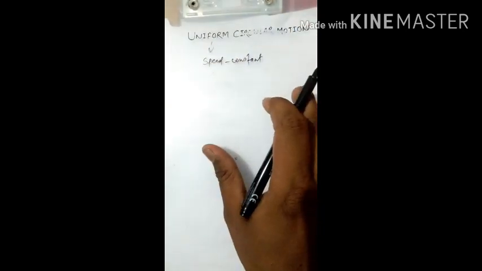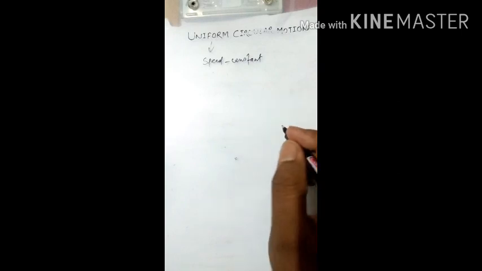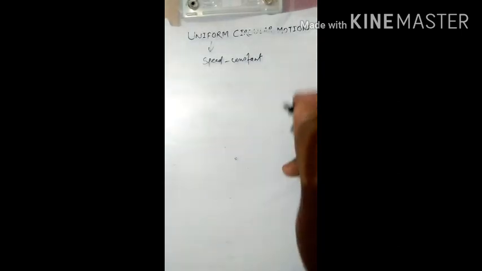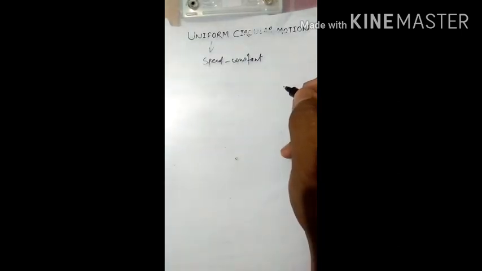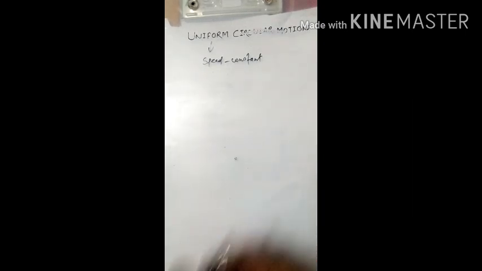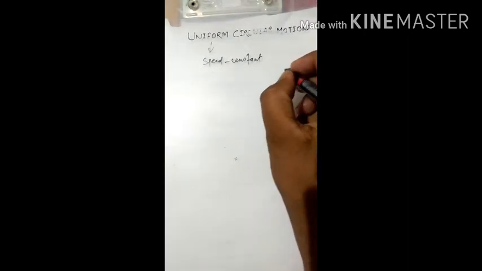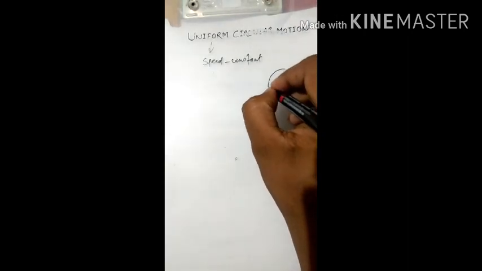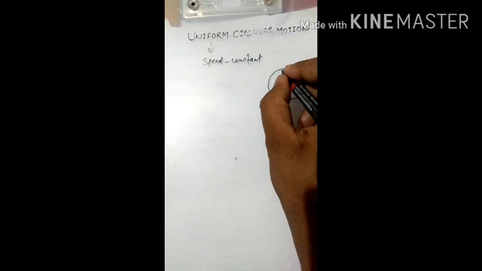Then the motion of the particle is known as uniform circular motion. In uniform circular motion, the speed is constant throughout the motion, but the direction of motion always changes.